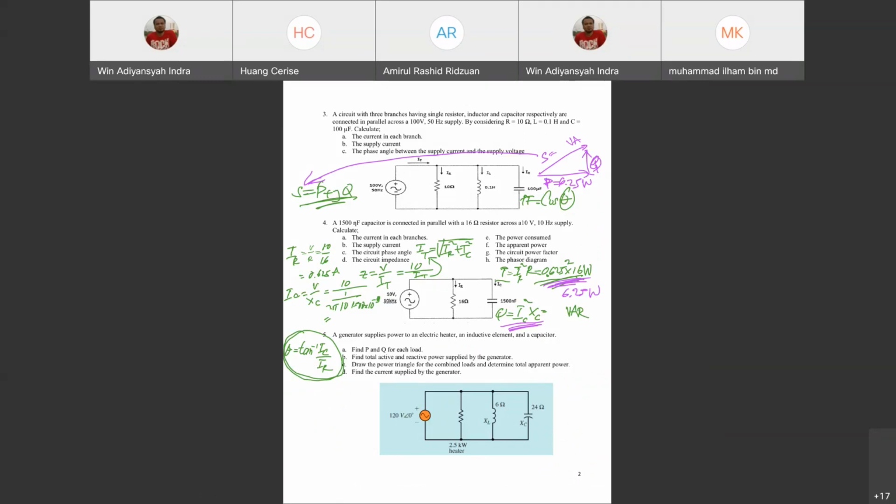The magnitude for S is the square root of P squared plus Q squared, because this is a triangle. Use the Pythagoras law.